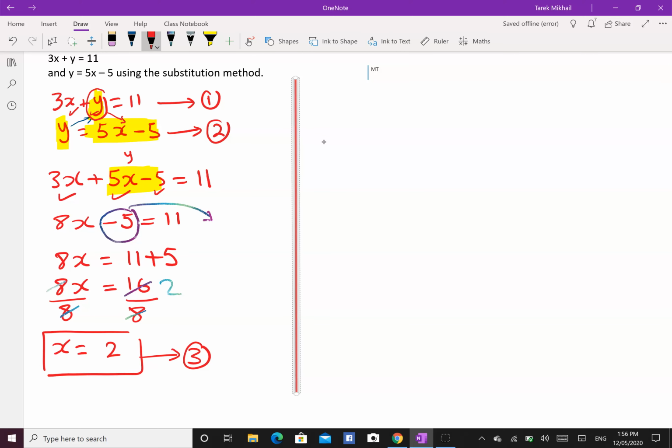From equation 2, if you look at equation 2, it gives you y equals 5x minus 5. So from equation 2, I'm going to write the equation y equals 5x minus 5.